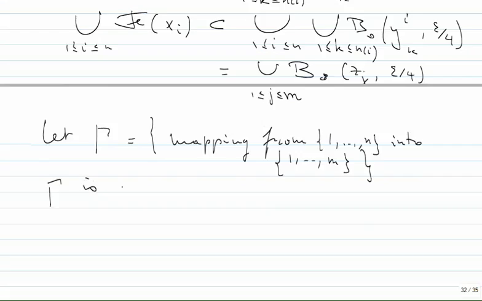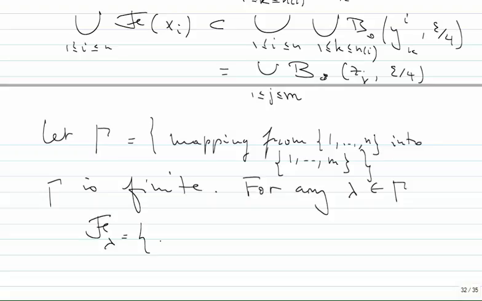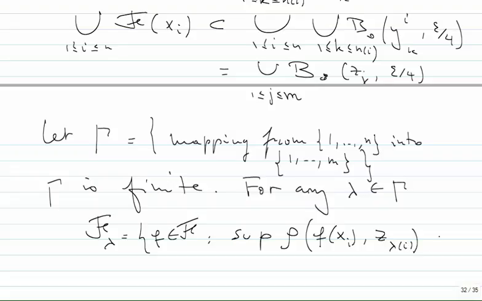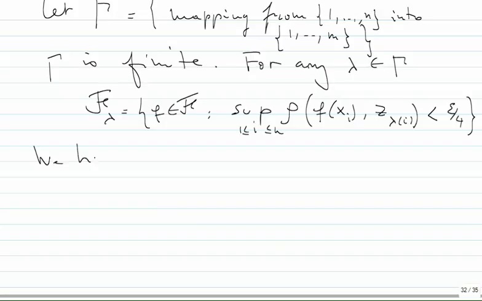And for any lambda in Gamma, if I set F lambda to be the set of f in F such that the sup of rho of f of xi to z of lambda i is less than epsilon over 4, for i between 1 and n, then we have F is in the union of F lambda when lambda belongs to Gamma. So this is a finite partition of F.